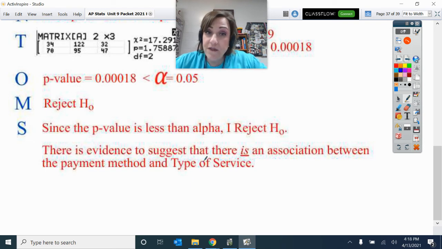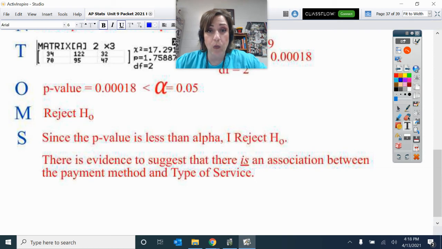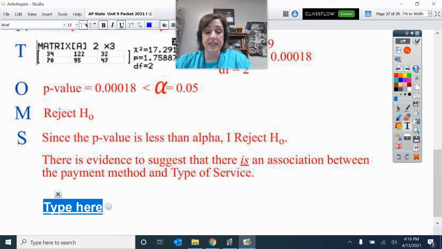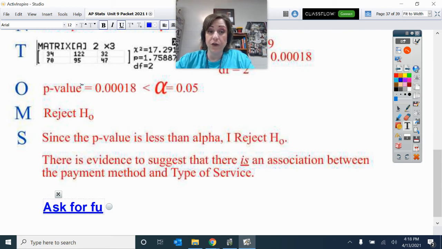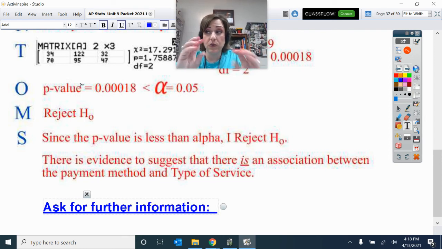Now, don't forget to be aware of this: with this type of situation where they say there is evidence of an association, if they ask for further information, then they probably want you to look at each individual section.